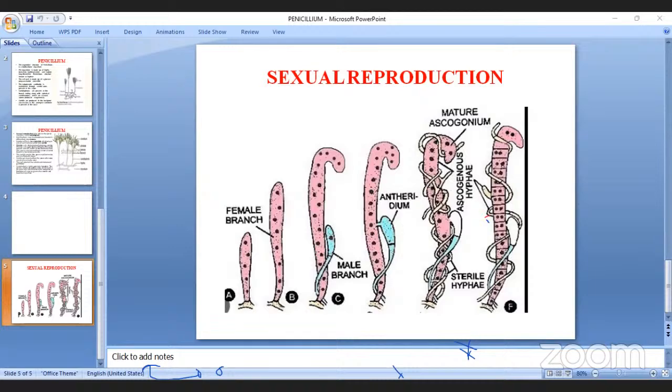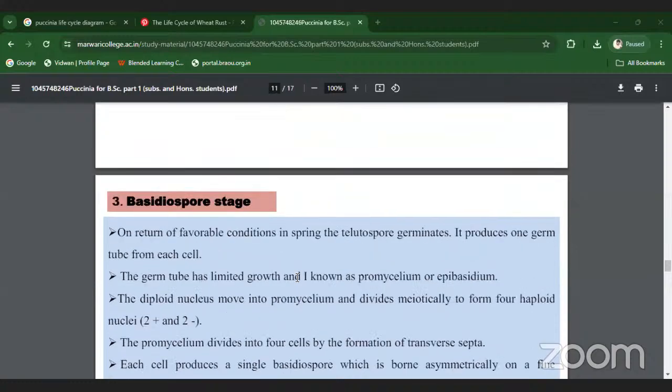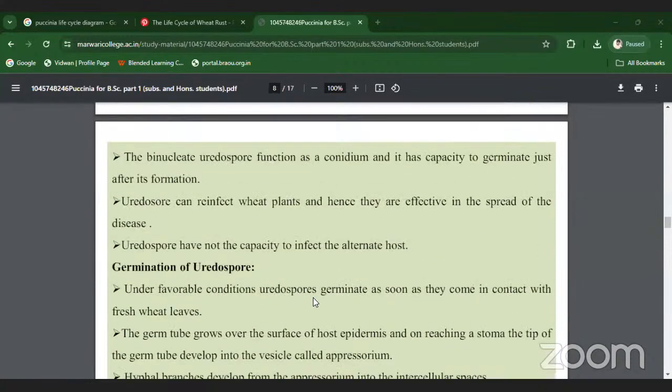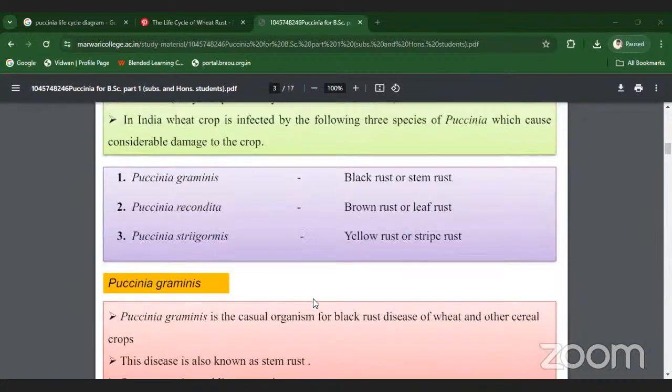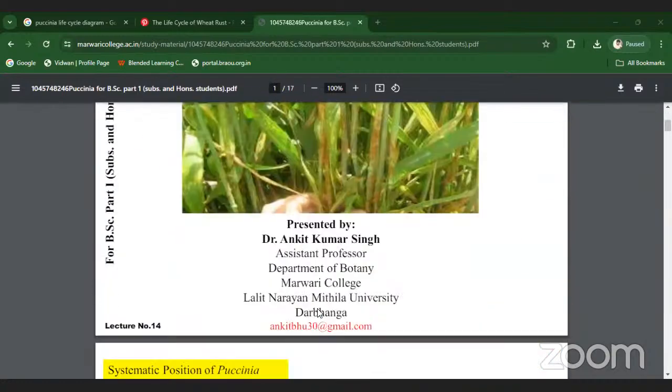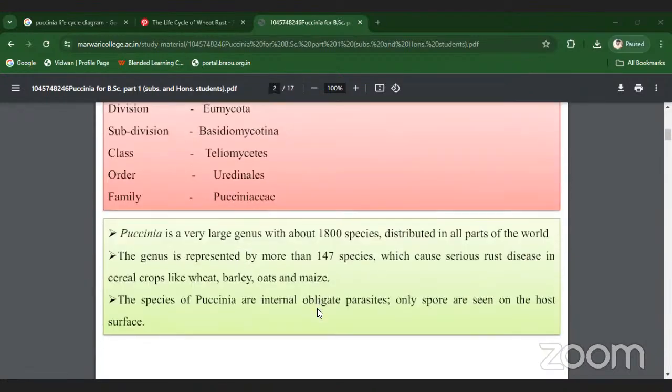Are you able to see the slide? Yes, sir.